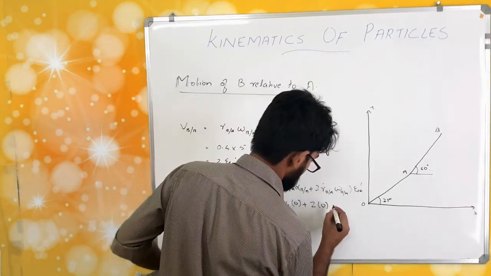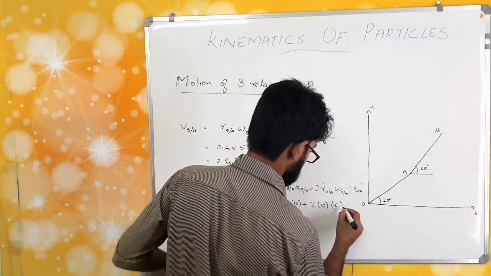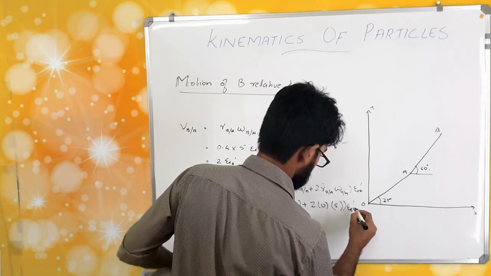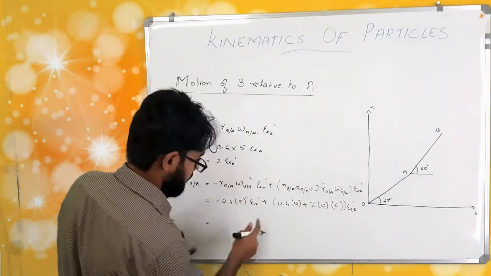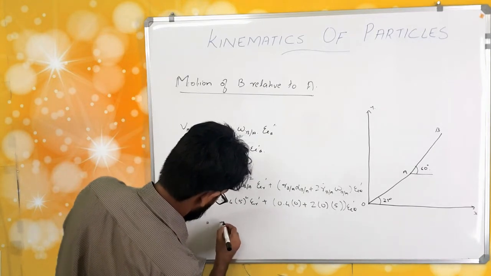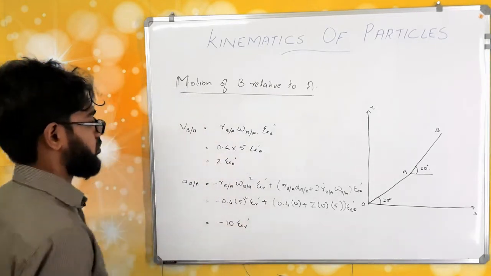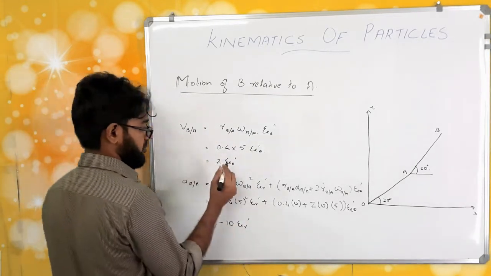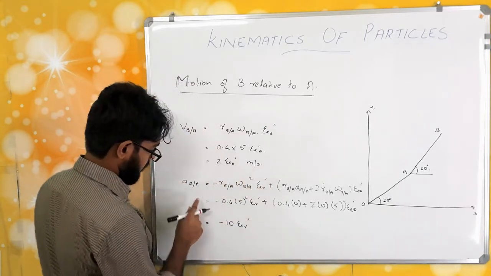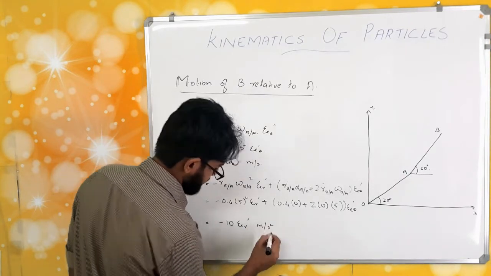So this will become 0, and omega B with respect to A is 5 epsilon theta dash, so both these values will become 0. As such you will have the value of minus 10 epsilon R dash. So velocity of B with respect to A is 2 epsilon theta dash meter per second. Acceleration of B with respect to A is minus 10 epsilon R dash meter per second square.